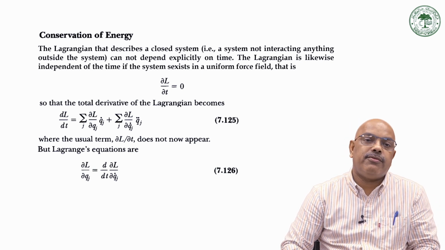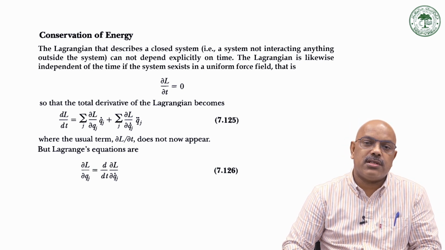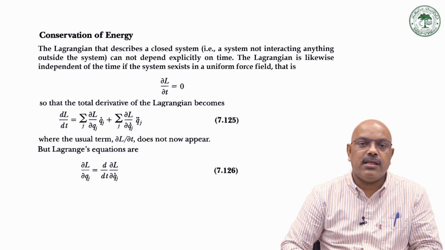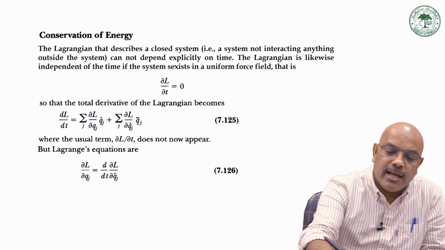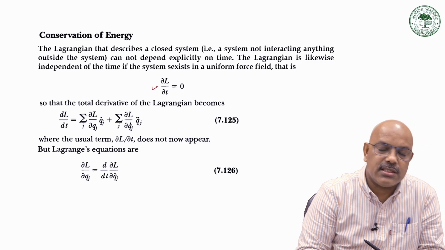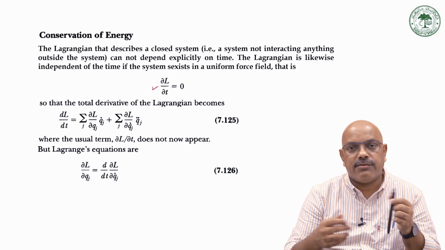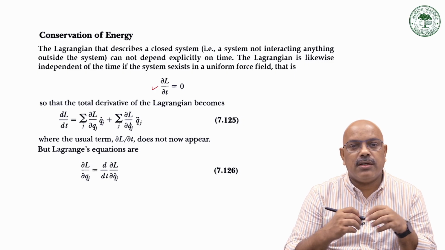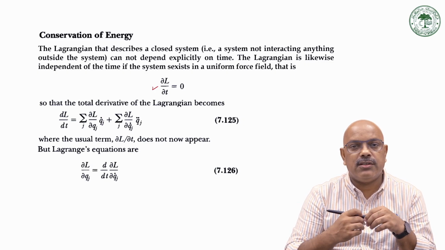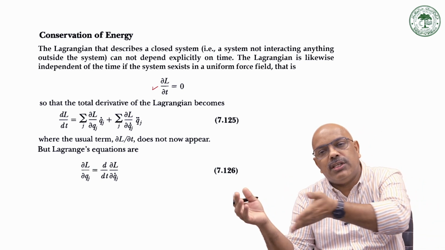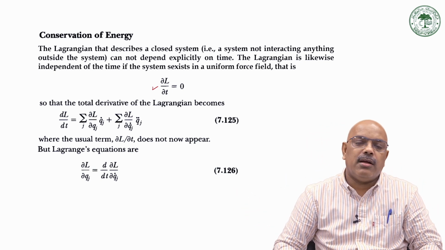So if your Lagrangian describes a closed system that is not interacting with anything outside, it cannot depend explicitly on time. So then I have del L by del t equal to 0 for the conservative system. Or if the system exists in a uniform force field, that is not going to be affected by time, the Lagrangian of the system, so the equation of motion is not going to be affected by time.